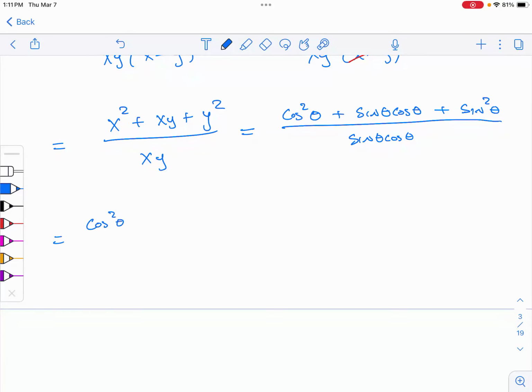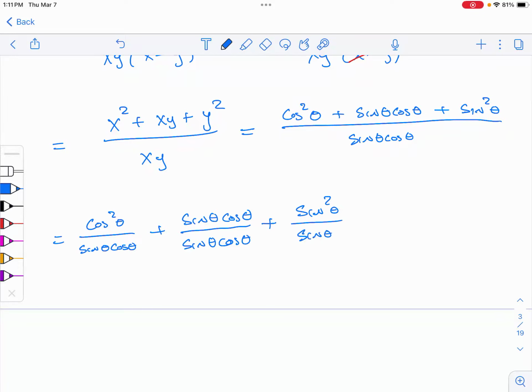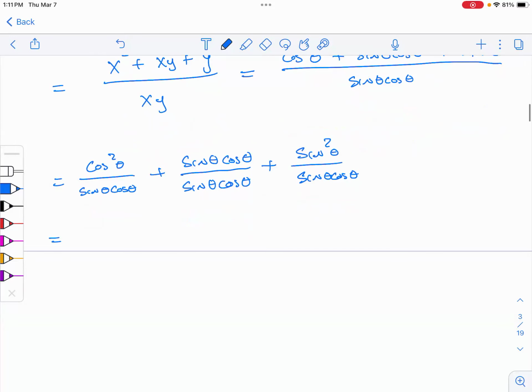So actually, I'm going to undo the fraction here. I'm going to take the fraction into its individual pieces. And cosine squared divided by sine times cosine leaves cosine theta over sine theta.